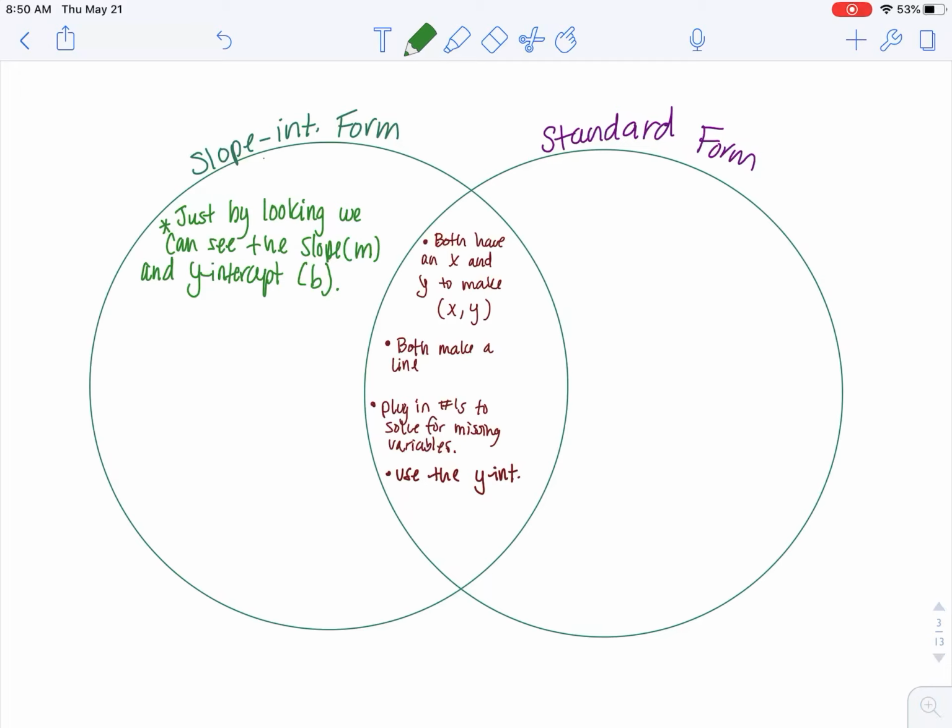Okay, we know slope-intercept form is y equals mx plus b.